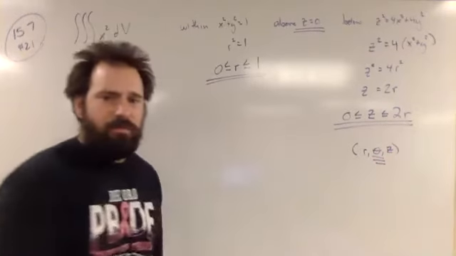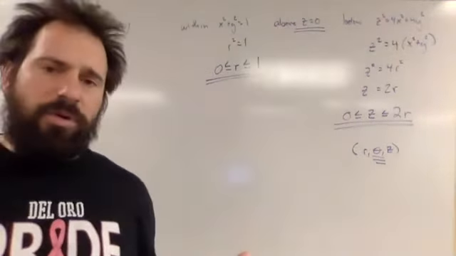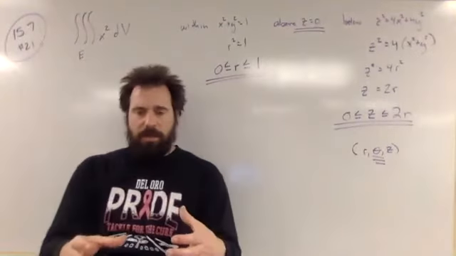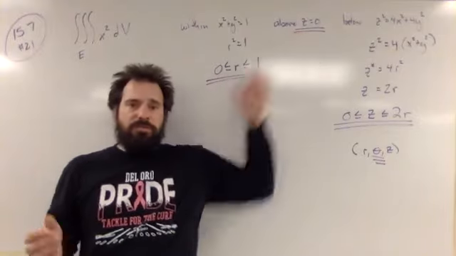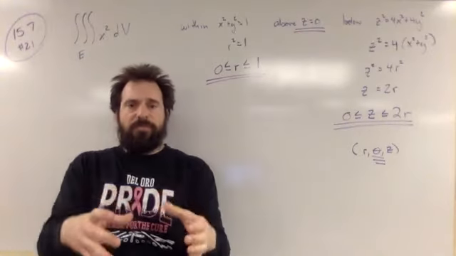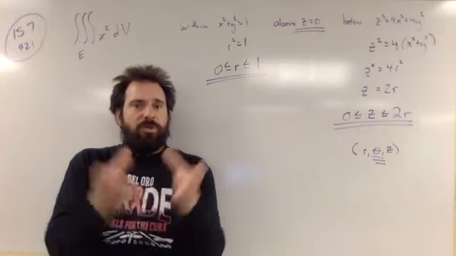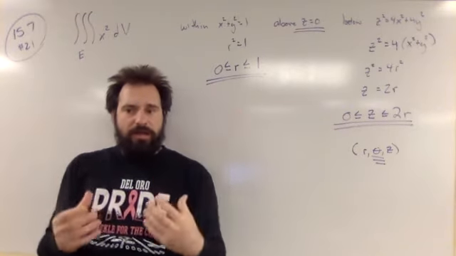The other thing: I don't have anything for my theta. If I think about what this space is representing, I have a cylinder going up above the XY plane, and I'm cutting it off. Then I have a cone starting at the origin and going outwards. So I need to think about the angles.